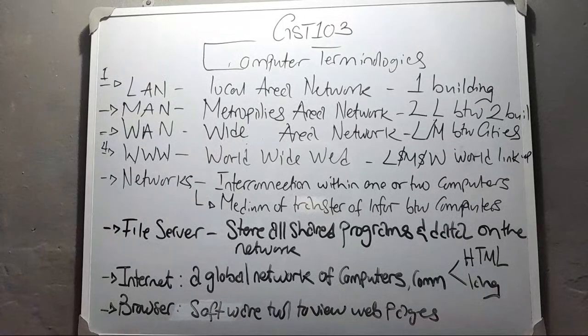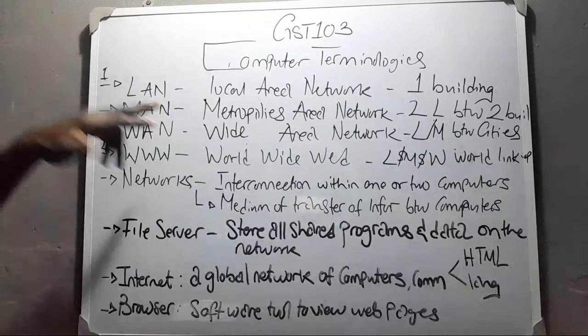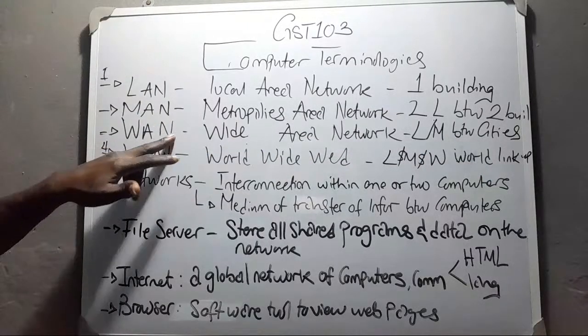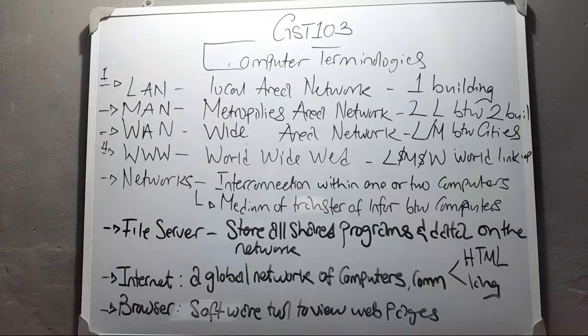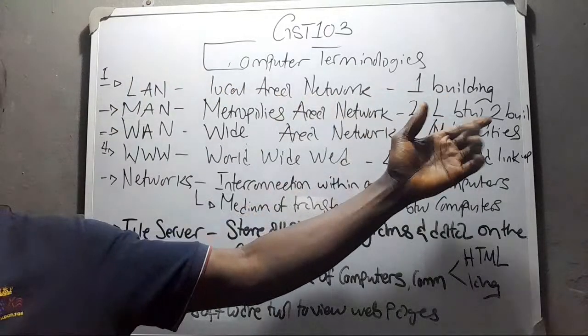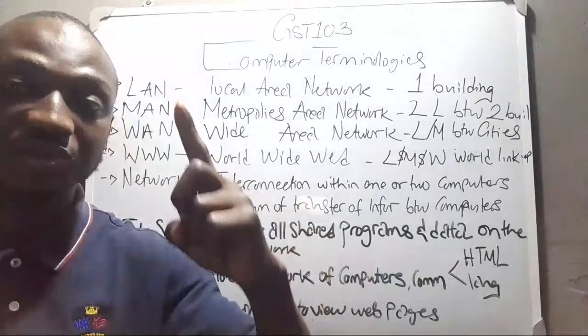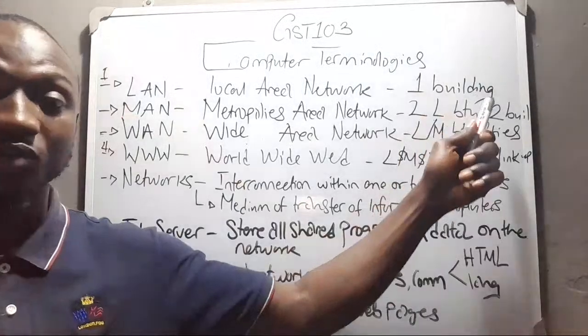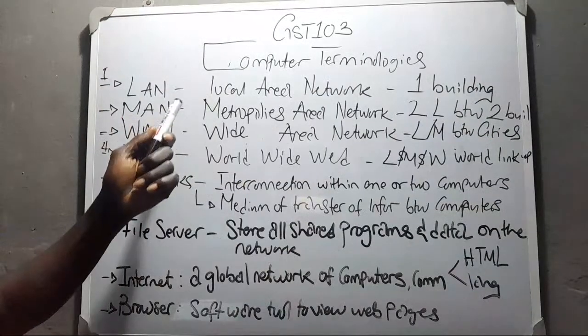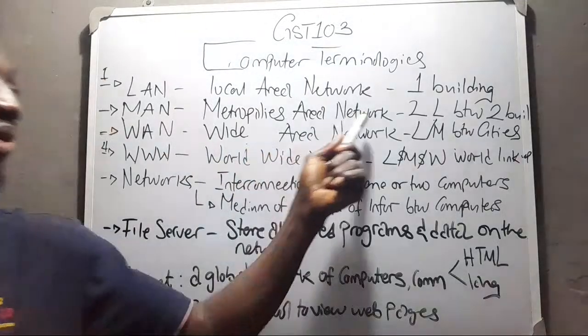Awesome. So, as you can see here, we have some certain types of connections. We have LAN, we have MAN, we have WAN, we have WWW, and we said LAN is the local area network, whereby it is the connection within one building. Connection within one building, that is for LAN, local area network. And we say MAN is metropolitan area network.